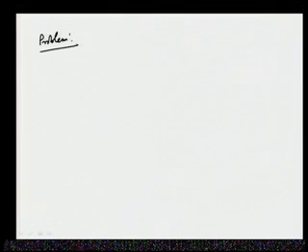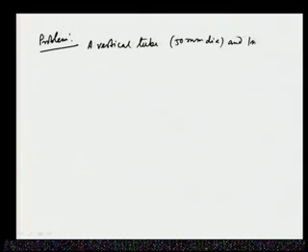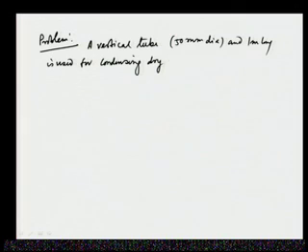Okay. Now, I will take up a simple problem to discuss this condensation phenomena. The problem says a vertical tube, 50 millimeter diameter and 1 meter long, is used for condensing dry steam at atmospheric pressure.